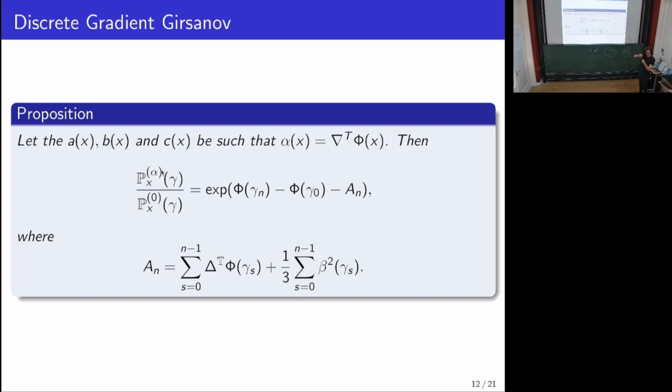So gamma is now a discrete path, a sequence of edges. We actually find that we have the same Radon-Nikodym derivative that looks like a discretized version. Okay, this beta is a bit ugly, but the important thing here is that it's like a mass. It's like a function of the vertices, not a function of the edges we go along.